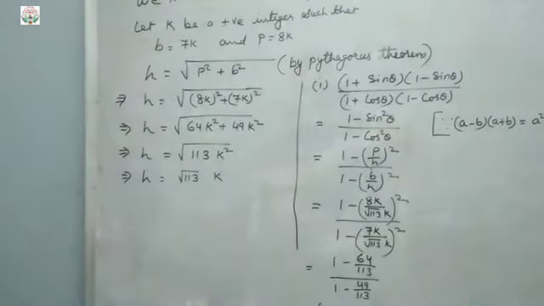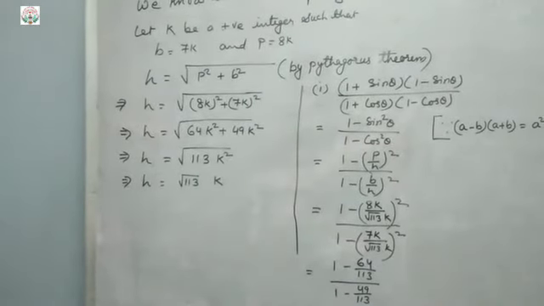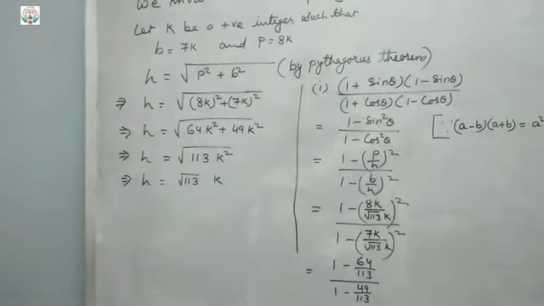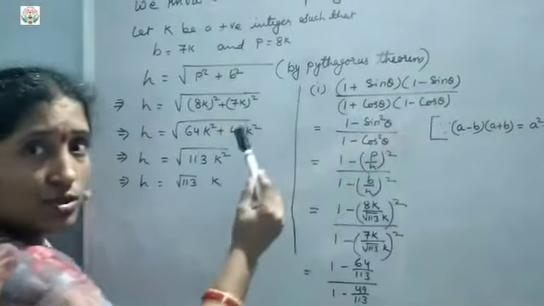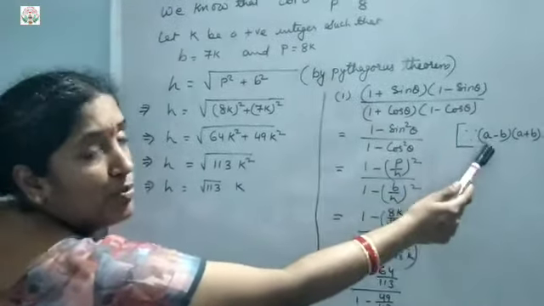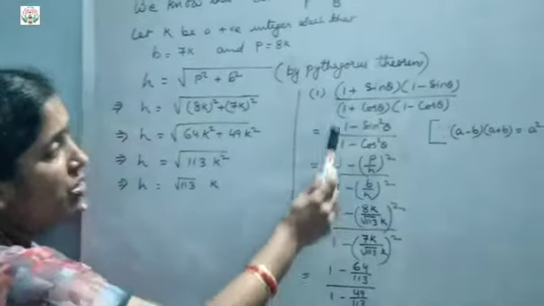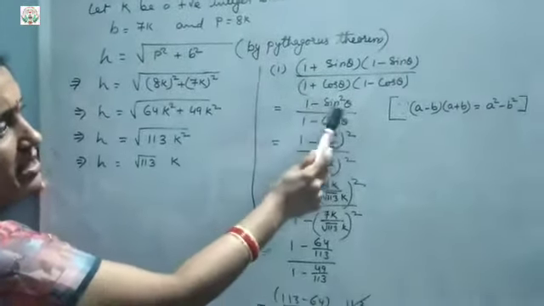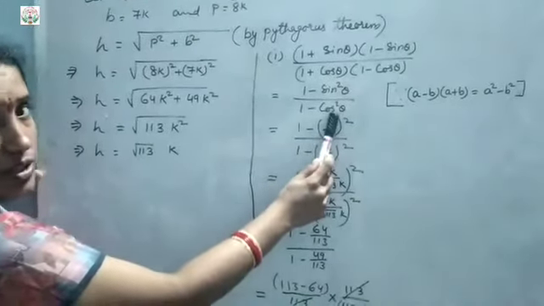The first part of the question is (1 plus sin theta)(1 minus sin theta) upon (1 plus cos theta)(1 minus cos theta). Now according to the formula (A minus B)(A plus B) equals A square minus B square, this will be 1 minus sin square theta upon 1 minus cos square theta.